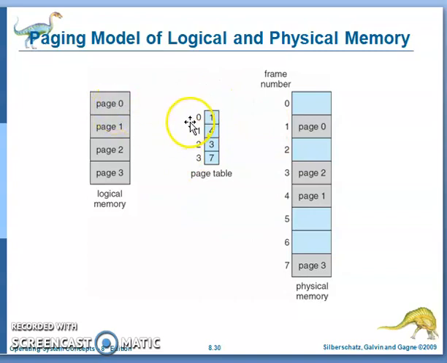Page 0 is in frame 1, page 1 is in frame 4, page 2 is in frame 3, page 3 is in frame 7. This is the allocation. If you give page number 0, you get frame number 1. If you give page number 3, you get frame number 7. This is logical to physical.